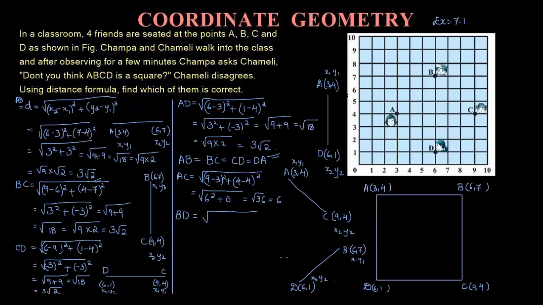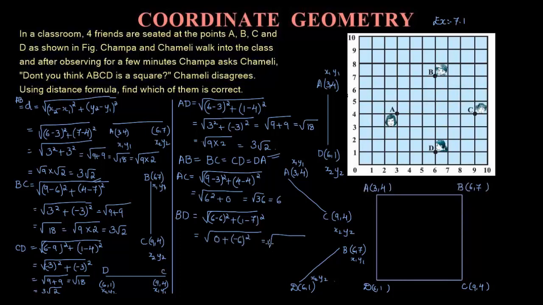So what is x2? 6 minus 6, right? So 6 minus 6 whole square plus, y2 here is 1, so 1 minus 7 whole square, right? So what are you going to get? 6 minus 6 is 0, plus 1 minus 7, you are going to get minus 6 whole square, right?